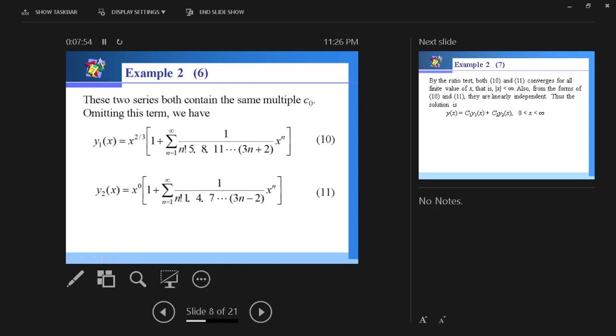This is equation 10. y_2(x) = x^0 [1 + summation n = 1 to infinity (-1)^n over n! 1·4·7···(3n-2) x^n]. This is equation 11.